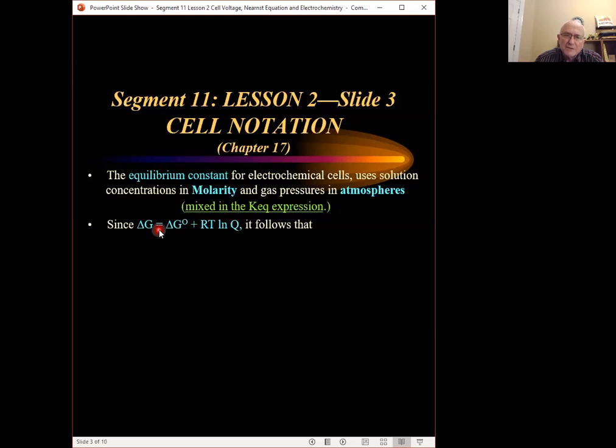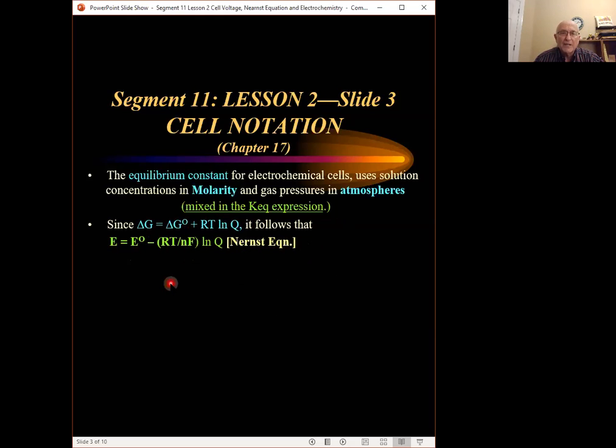Now here's the relationship between delta G and the concentration quotient that we have at any instant during the reaction. Delta G is delta G superscript zero plus RT log Q. So if we go back to our earlier expression, we can put in for delta G is minus NFE, and delta G superscript zero is minus NFE0, and so on.